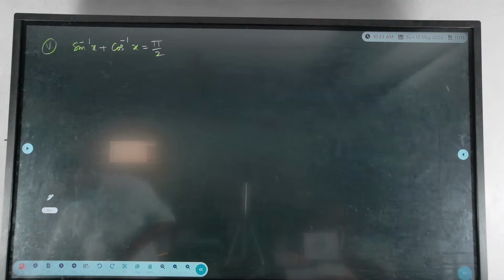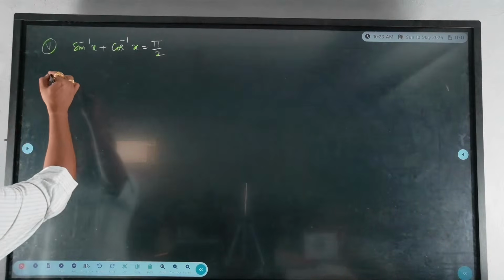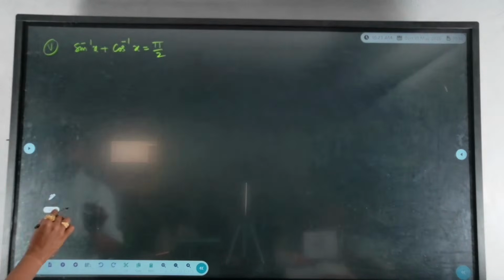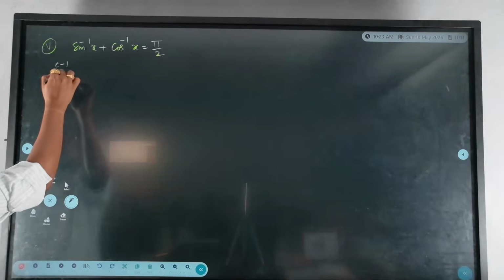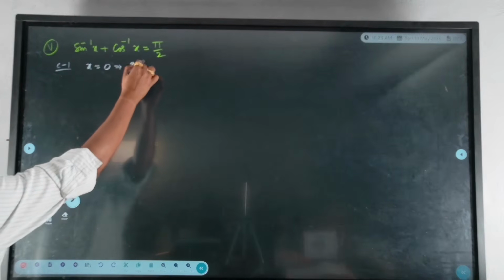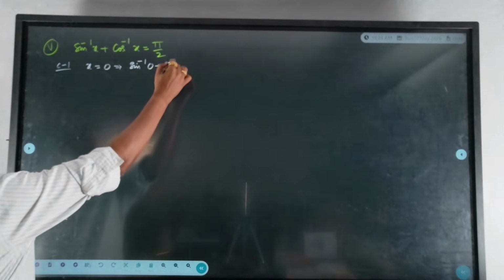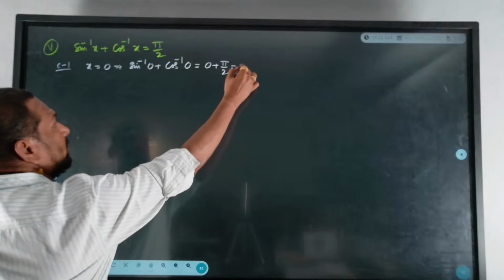So case 1: x is equal to 0. Sin inverse 0 plus cos inverse 0 is equal to 0 plus pi by 2, which is pi by 2.